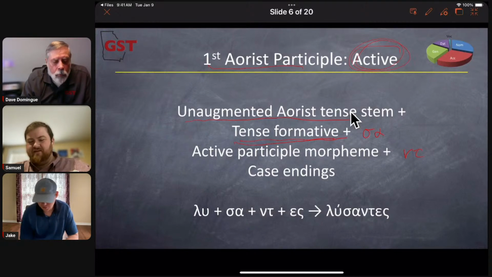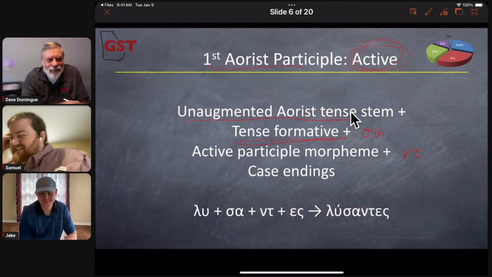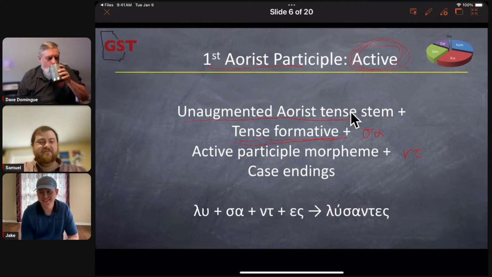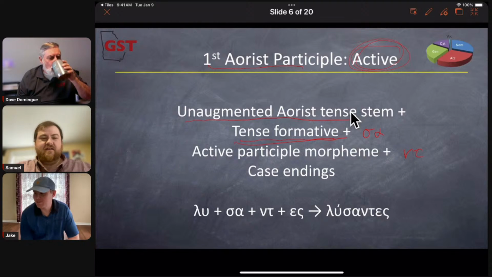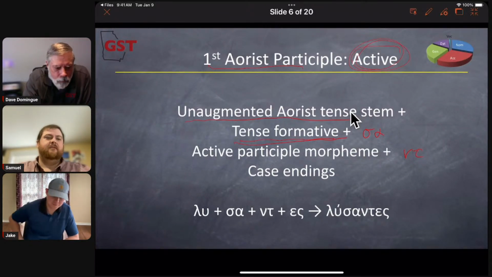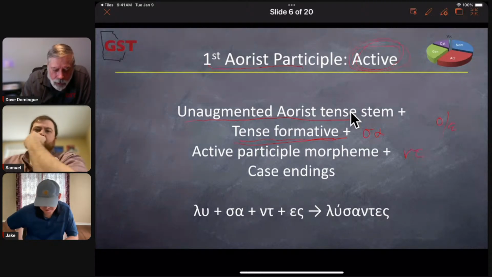All right. So we have our tense formative. There's no connecting vowel. Why is there no connecting vowel? Connecting vowel is going to be an omicron or an epsilon, right?